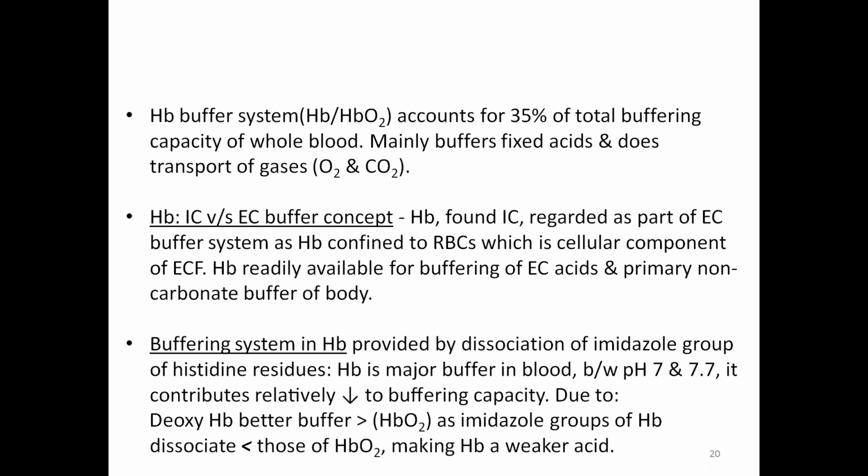Now, deoxyhemoglobin is a better buffer than HbO2, as imidazole groups of deoxyhemoglobin dissociate less than those of HbO2, making it a weaker acid. Also, your hemoglobin molecules are present in large amounts. In fact, 1 liter of whole blood contains about 150 grams of hemoglobin, and hemoglobin molecules contain around 38 histidine residues.